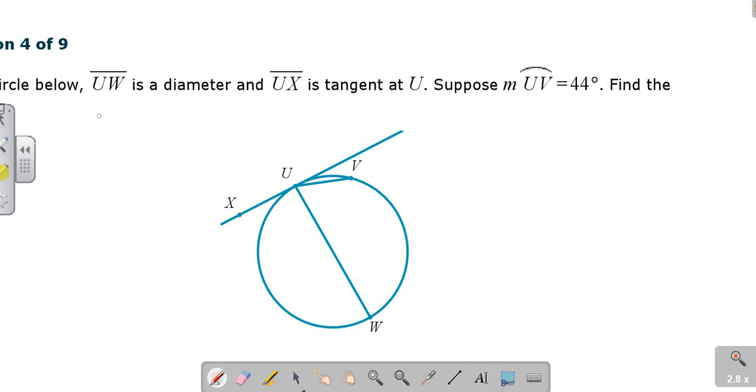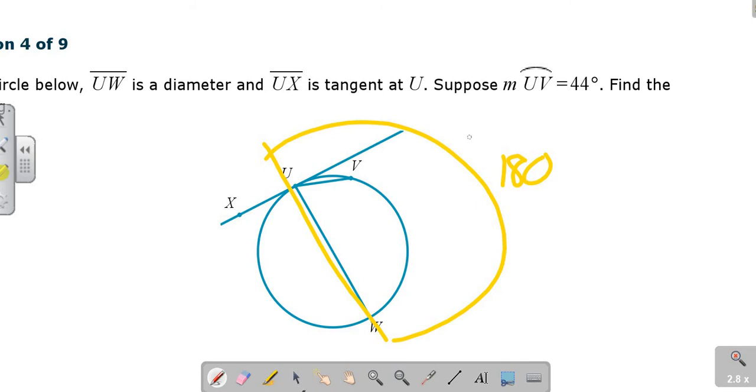We are told that W is a diameter. So that's 180 going that way and the other way. This is a tangent, which means there's a right angle here, because tangent to a radius, right angle at the edge.